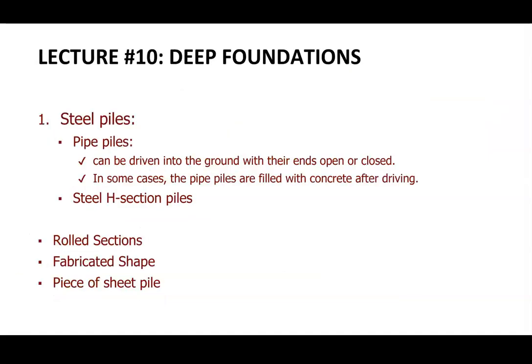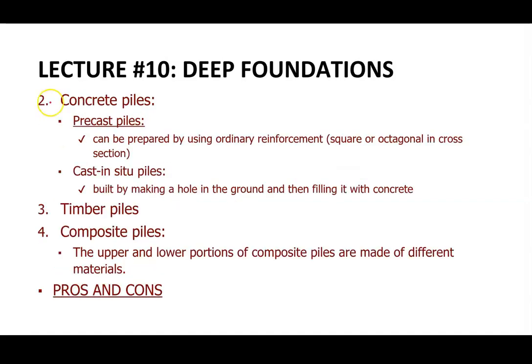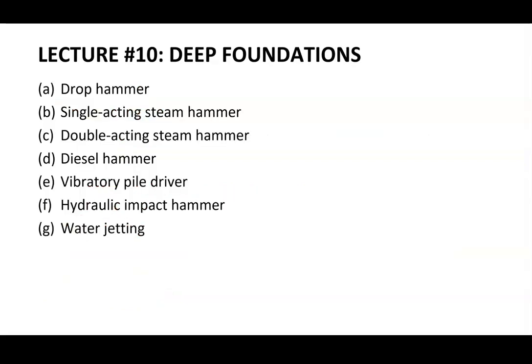Our last lecture was about deep foundation. We can have steel piles, concrete, precast or cast in place, timber piles, and composite piles. Make sure that you review the slides on pros and cons of each of these materials for pile construction. Then we went over different types of equipment that is used for pile driving.